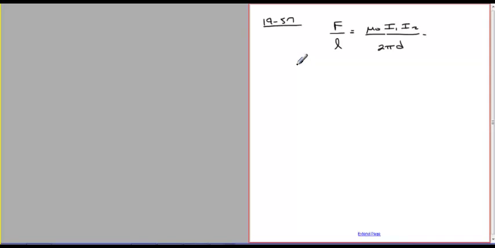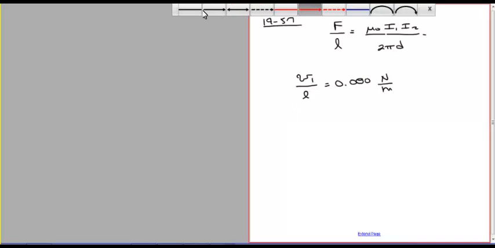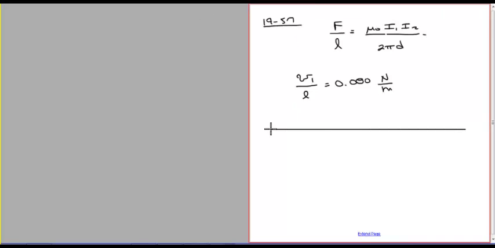So we have a wire with the weight per unit length, W1 per length, equal to 0.08 newtons per meter, just suspended directly above. So here's one wire, and here's the other wire. Let's call this wire 1 and this wire 2.